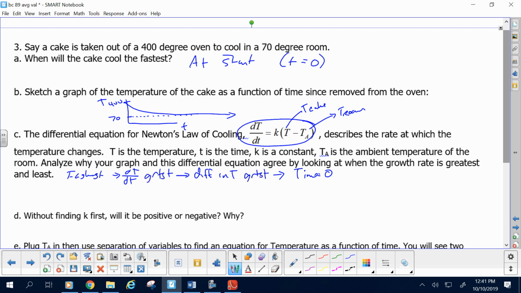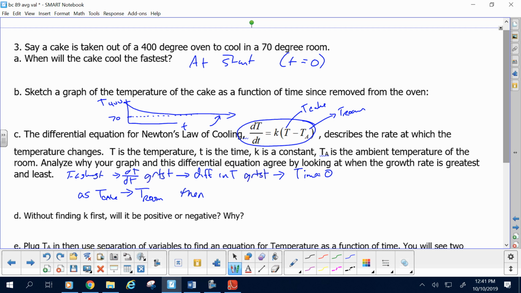Likewise, this side also makes sense. Tell me why that part of the graph makes sense. Come on, talk to me, people. Temperature? I'm sorry. Oh, now I understand why you're confused.